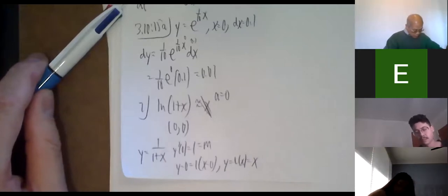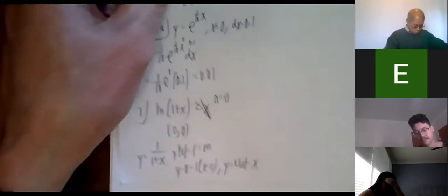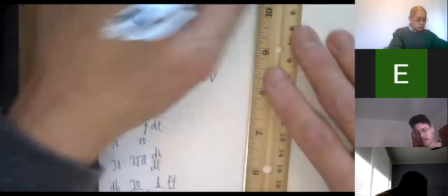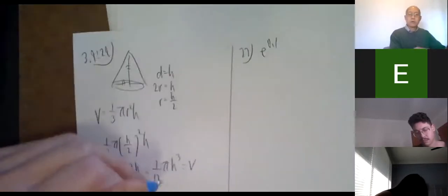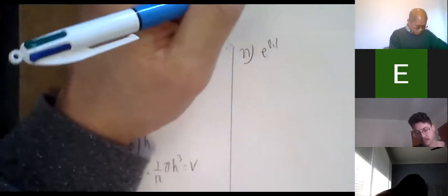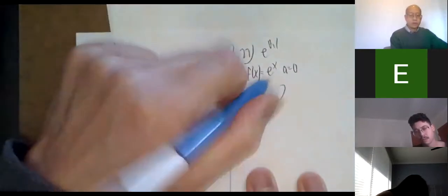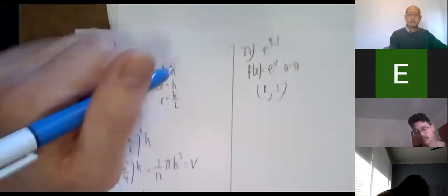Okay, 27, e to the 0.1. Approximate using a linear approximation. So f of x equals e to the x. The nice nearby number is 0. A equals 0, so the point is (0, 1).